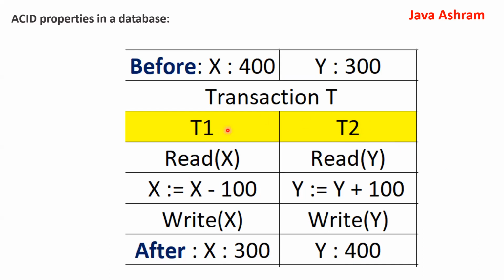First, to debit means to minus the 100 from 400.